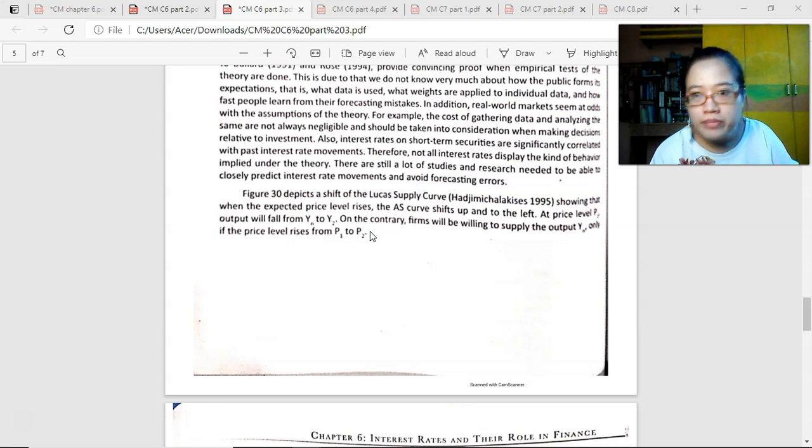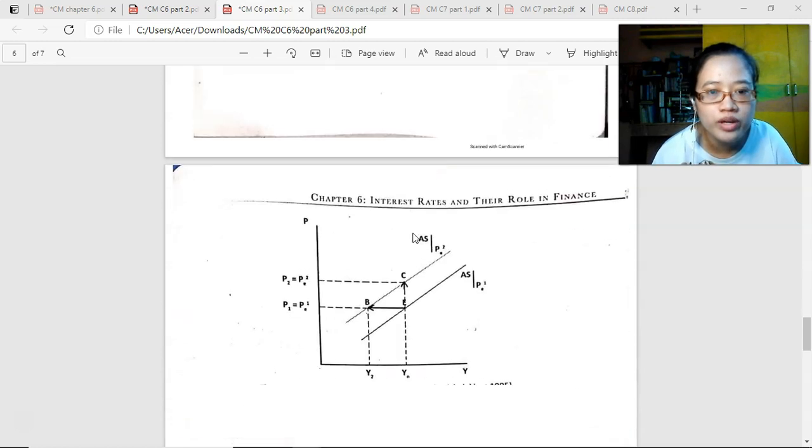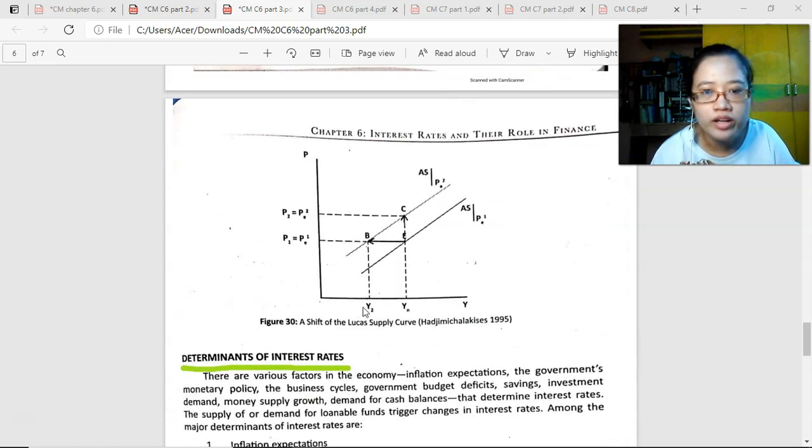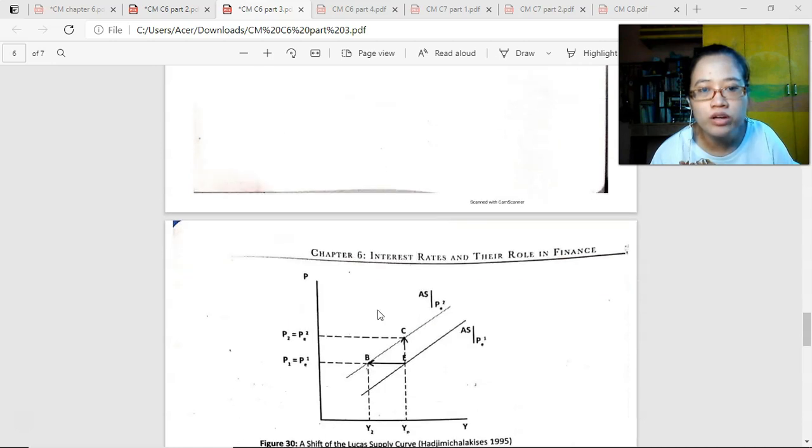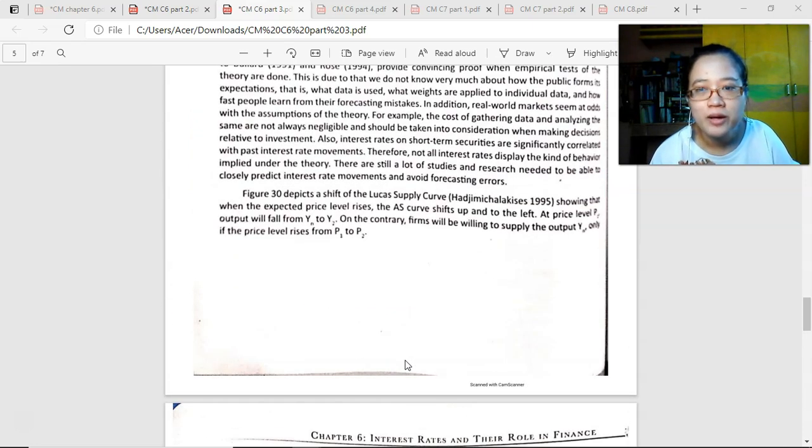At price level P, output will fall from Yn to Y2. Okay, output will fall from here to here. And then on the contrary, firms will be willing to supply the output Y only if the price level rises from P1 to P2. Okay, so here. Price level output will fall from Yn to Y2.